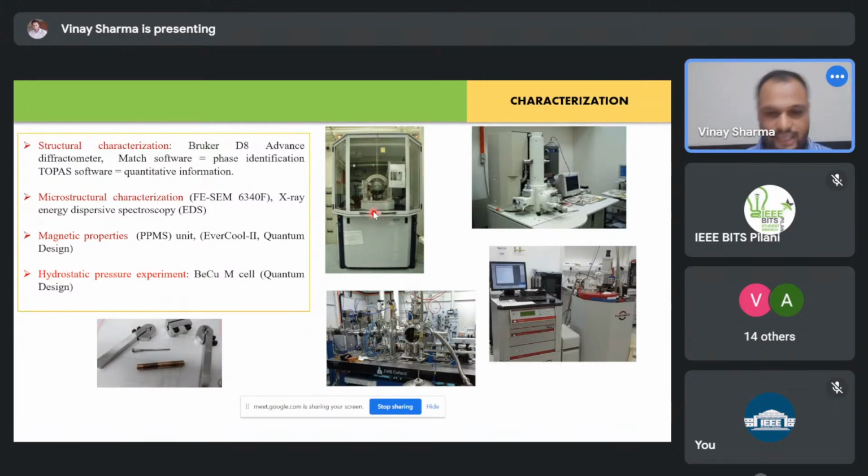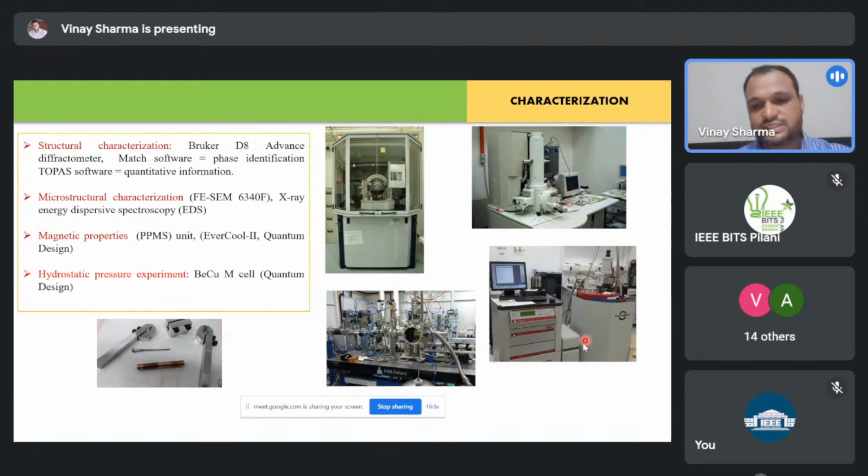This X-ray diffractometer uses a phenomenon called, anyone knows, Bragg's law. Similarly, on the right hand side, you can see this tunnel-like, tube-like thing. This is called a scanning electron microscope. A scanning electron microscope is used to identify particles and materials in even smaller ranges, and it can directly give you a 3D image of that object.